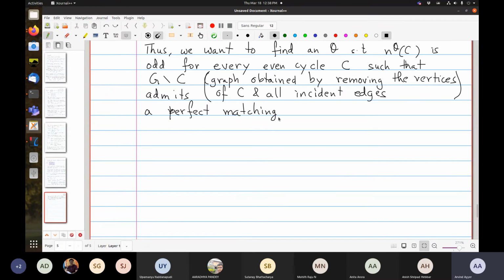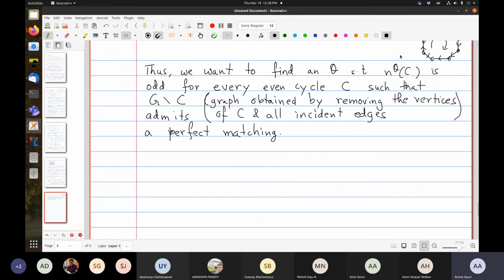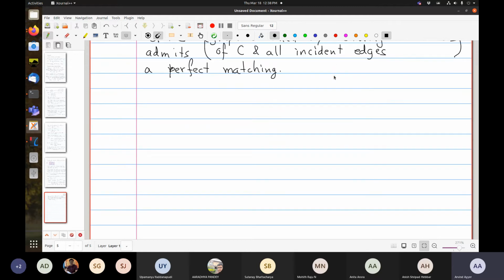So if you are able to find an orientation which satisfies all these properties, then you are done. Then you construct the oriented adjacency matrix using that orientation, take its Pfaffian, and it's going to give you the partition function of the diamond model.